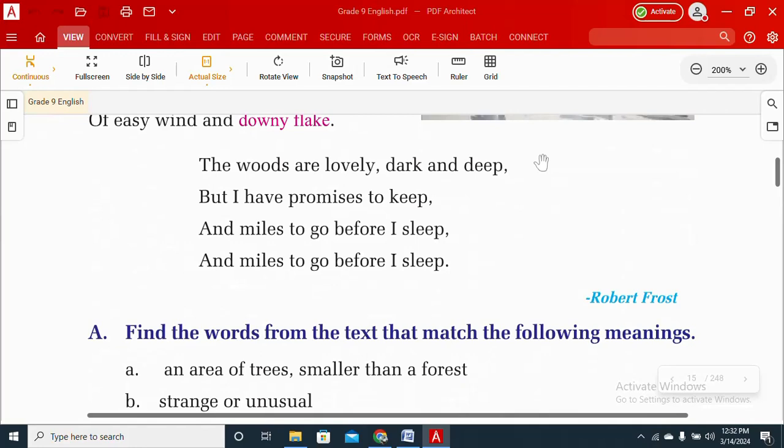He has to travel miles away, and he will be reminded of the glorious, very beautiful, splendid view of nature again and again in his life, forever in his mind.